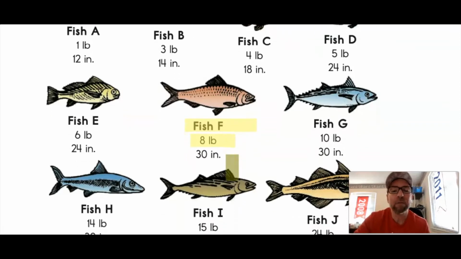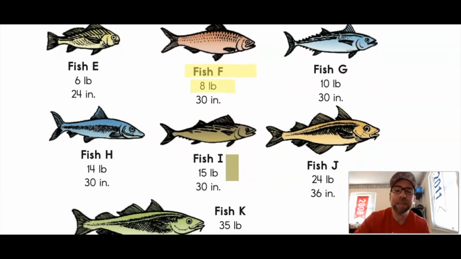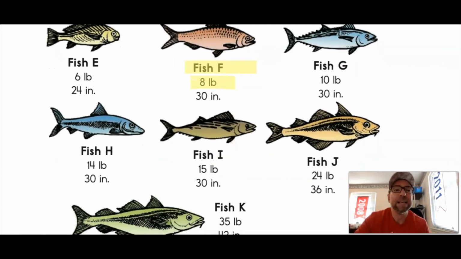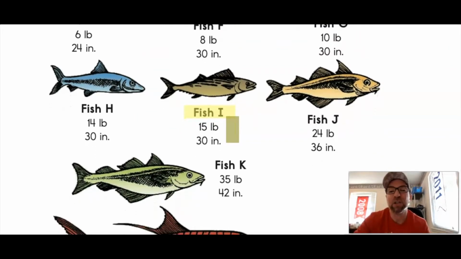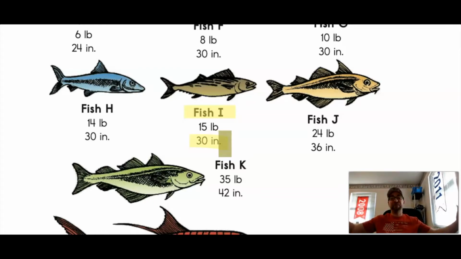Oh, how about fish I? How many inches long is fish I? Here's fish I. How many inches long? Did you say 30 inches long? That's a very long fish. Awesome job.